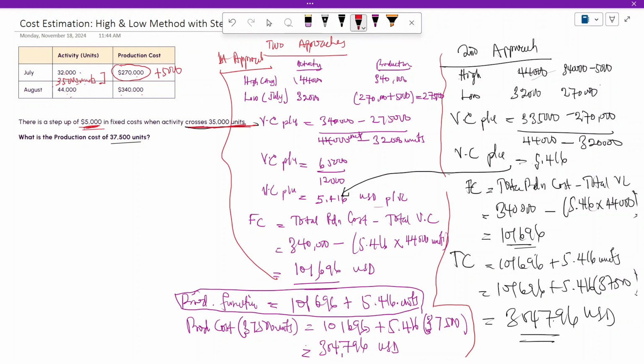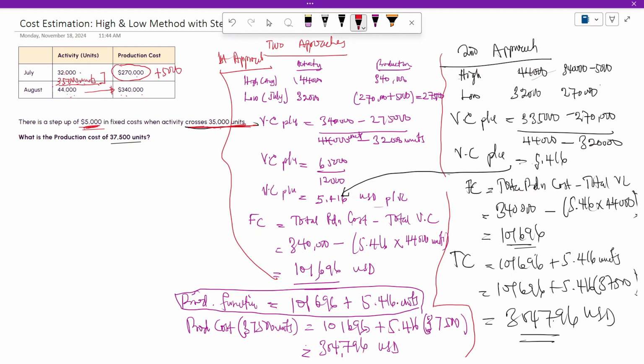Now the second scenario is this. What if the activity level did not increase beyond 35,000? It did not cross 35,000. So between 35,001 and 44,000, the production cost is 340,000.